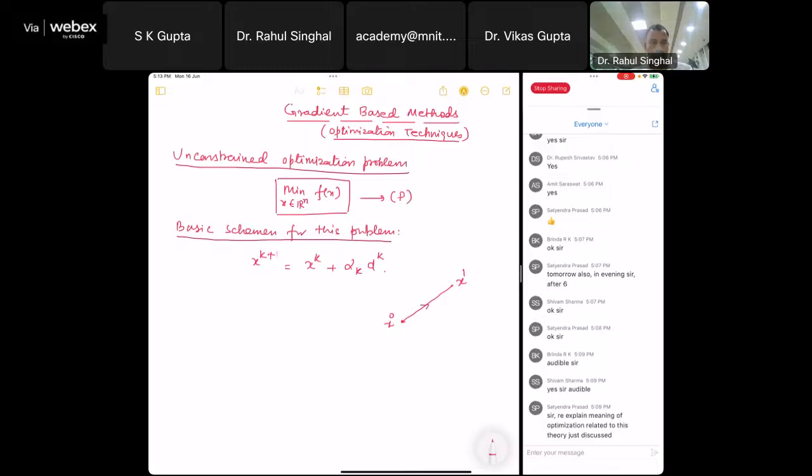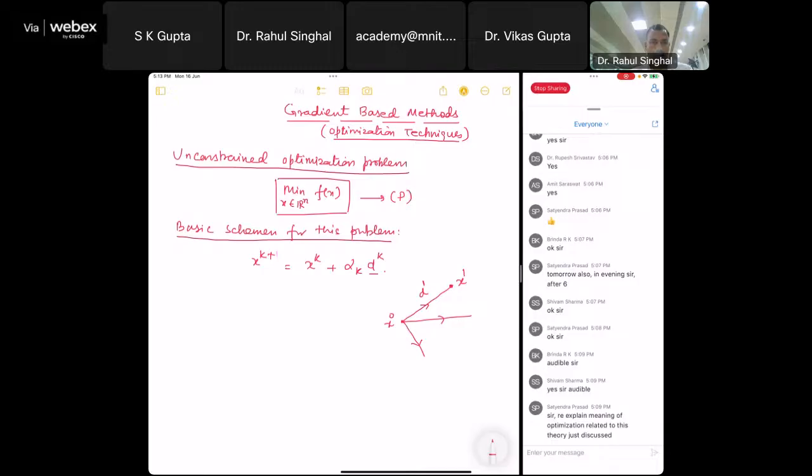This d_k gives the direction in which we should go so that we can improve the value of our x_k. Suppose the direction is d1, the direction in which we should move to get a good solution.